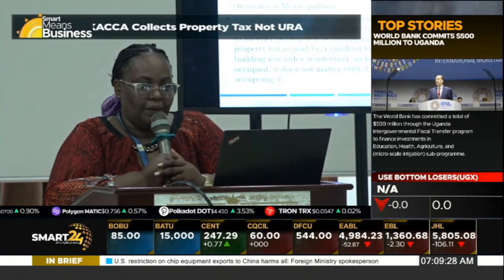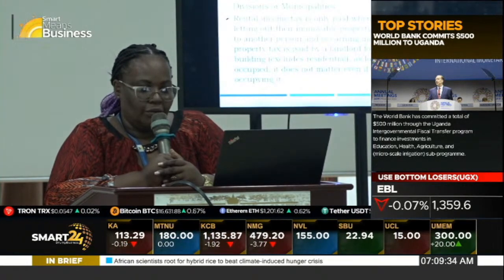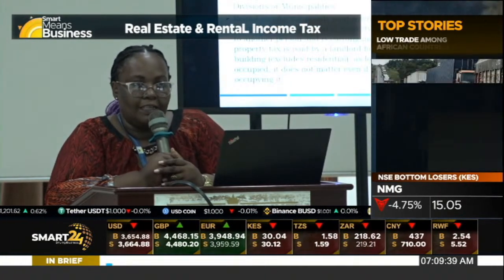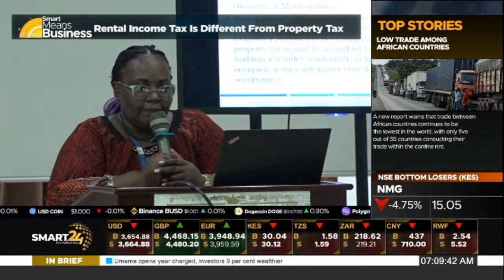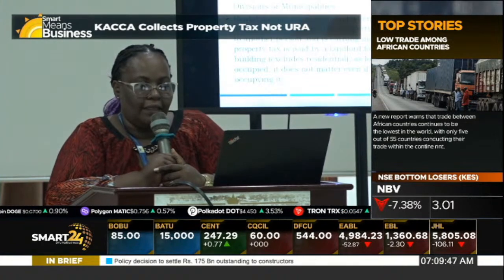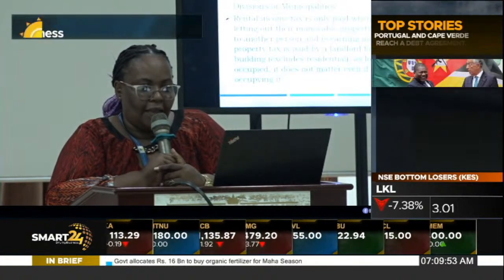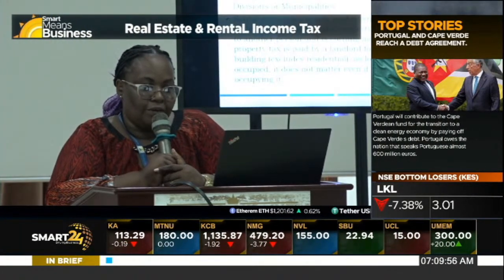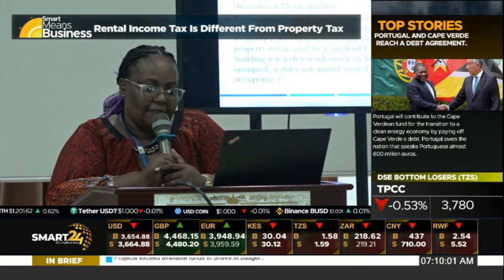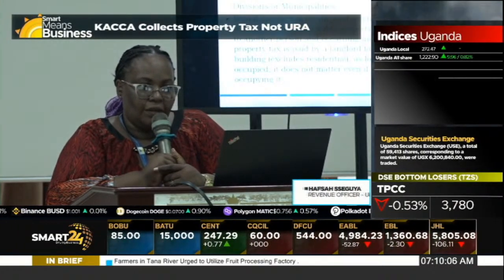Rental income tax is only paid when a person is letting out immovable property to another person and is earning from it, because you could let out and somebody doesn't pay. But when we have proof that you received income, that is when we expect the tax. Whereas property tax is paid by a landlord for a commercial building, excluding residentials, as long as it is occupied, and it does not matter even if it's a landlord occupying it.